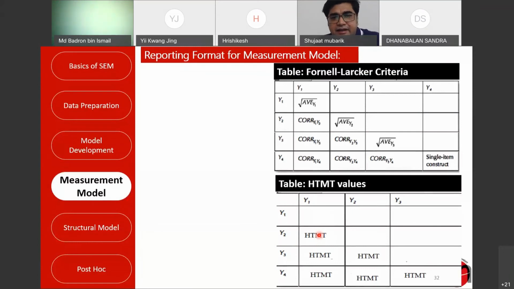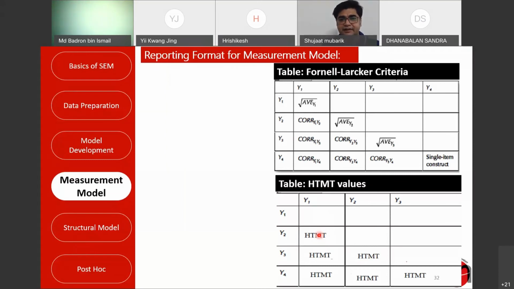So this is already tried and tested. You simply put your results into this format, and that's it. Then you have to explain these results. Once we do Smart PLS, we'll explain these results, what the interpretation is, and how to write the interpretation of these results.